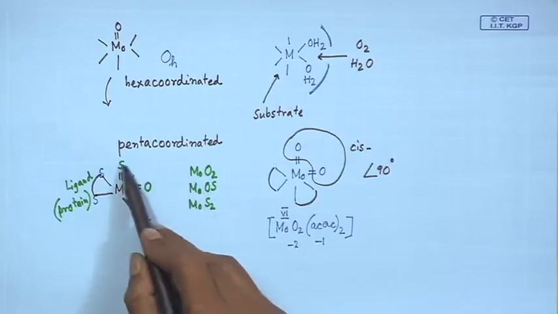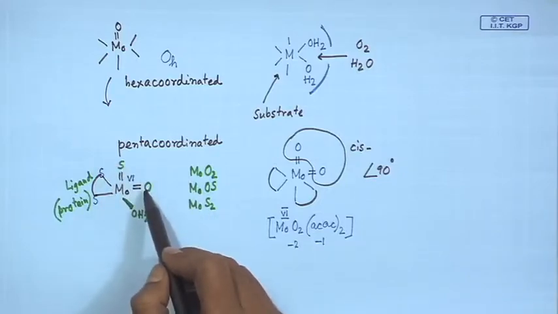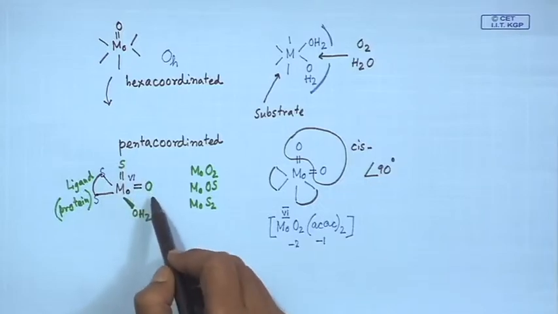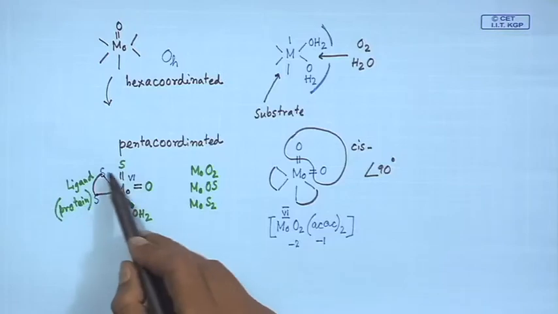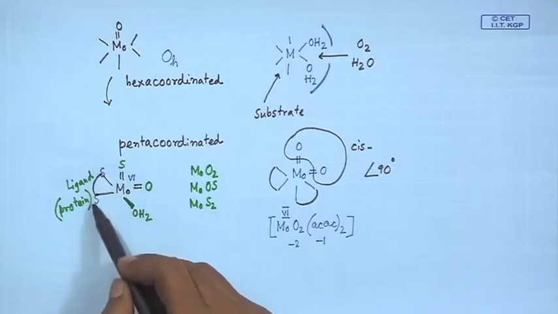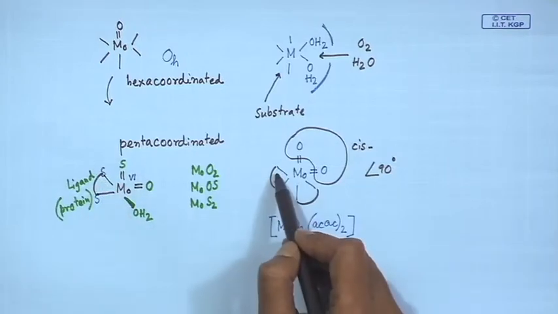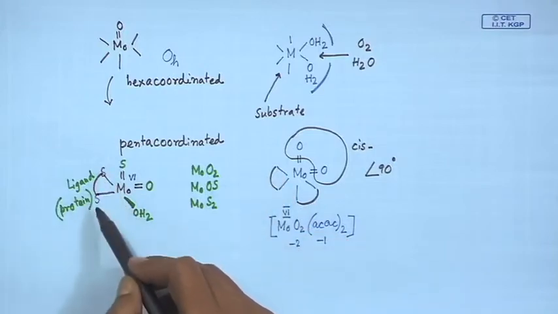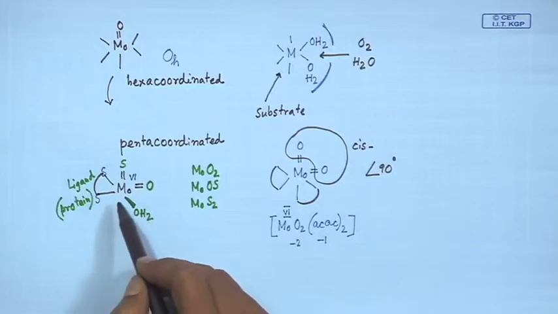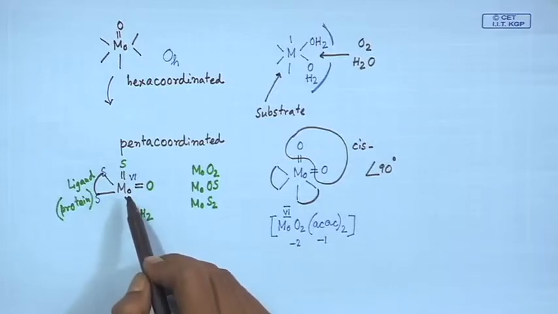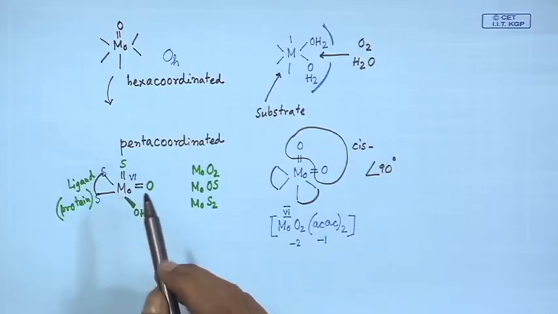So, not only these terminal pure inorganic donor groups like oxo and thio groups, but also the ligand origin, whether both are oxygen like acetylacetone, one sulfur and one oxygen, or both sulfur, can control the reactivity pattern on the molybdenum center.